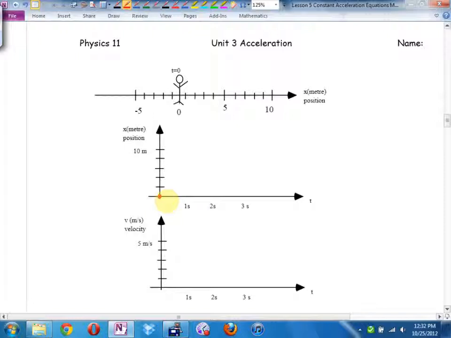After 1 second, how far have we traveled? 1 meter, so it's going to go through 1, 1. After 2 seconds, how far had we traveled? 4, so 2 squares up.